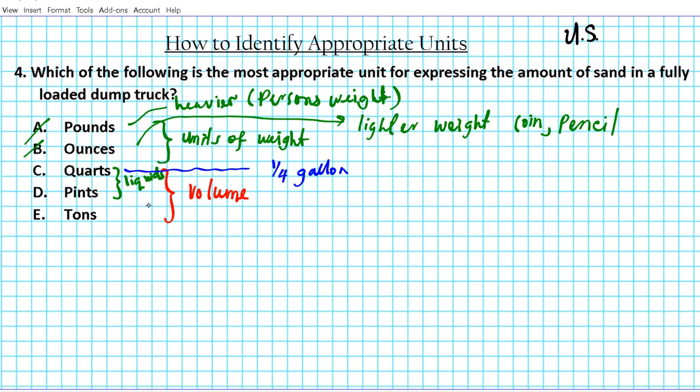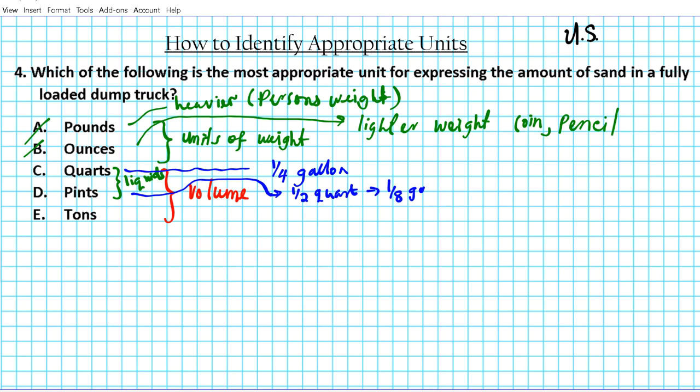When you see the word pints, what comes to mind? Pints is much smaller than quarts. If you think about the context, pints can be used for measuring the amount of blood, for example. So a pint is basically 1/2 of a quart, which means that it's 1/8 of a gallon.